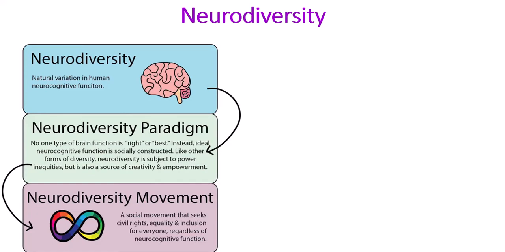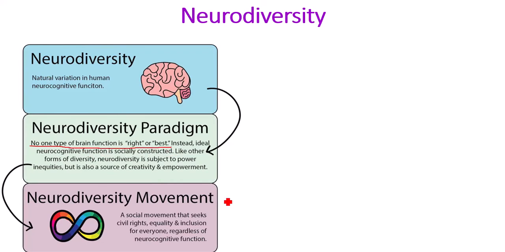Neurodiversity takes that same concept one step further. It's kind of like when we have discussions at our school about equity and equality. Essentially, neurodiversity looks at the variation in all human cognitive function, which I see now on this graph is spelled wrong, but it says basically no one type of brain function is right or best.